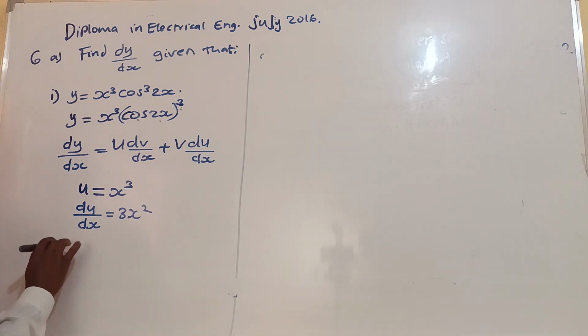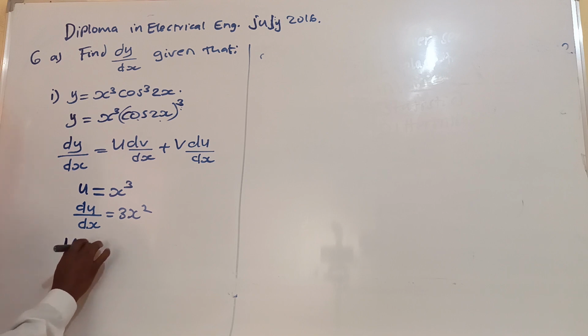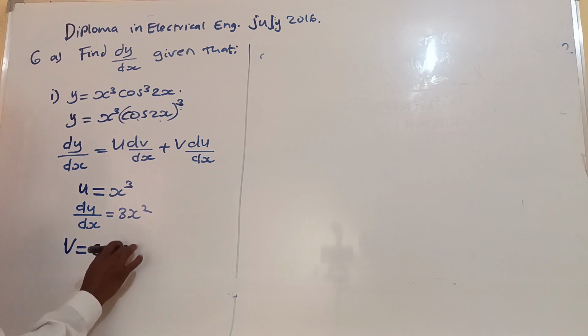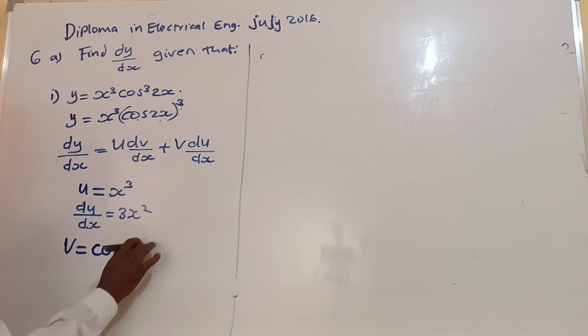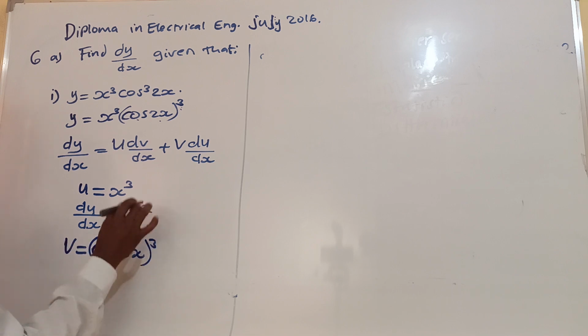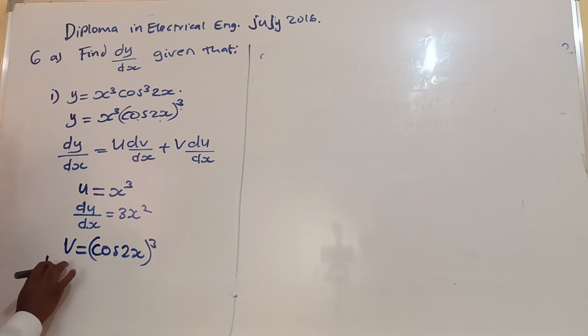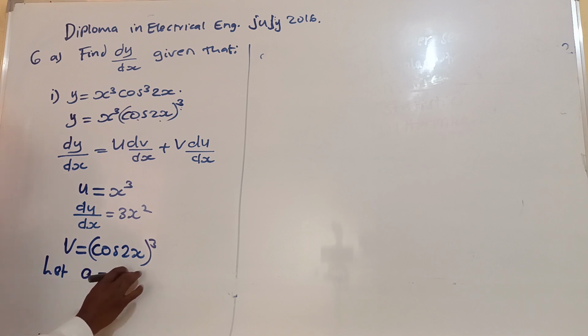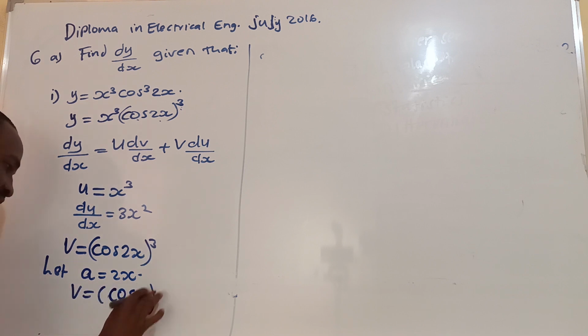So now v is equal to cosine of 2x, power 3. Let us say a variable a is equal to 2x, and therefore v is (cos a) power 3.